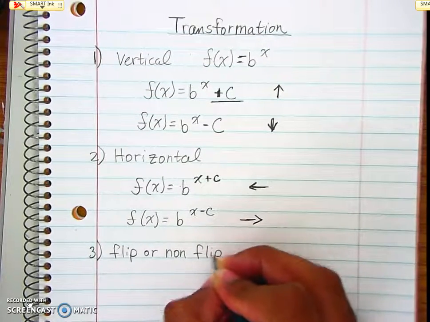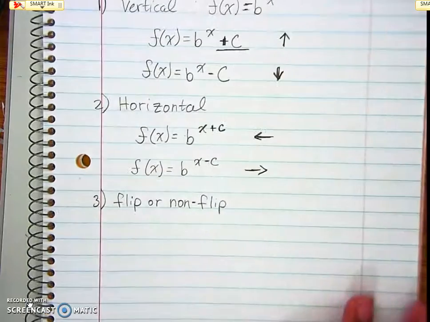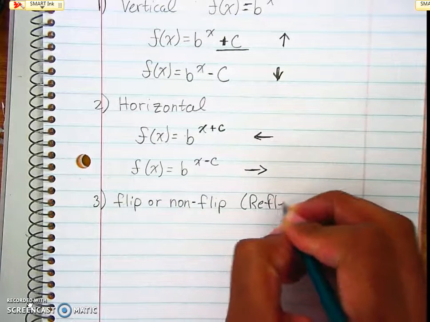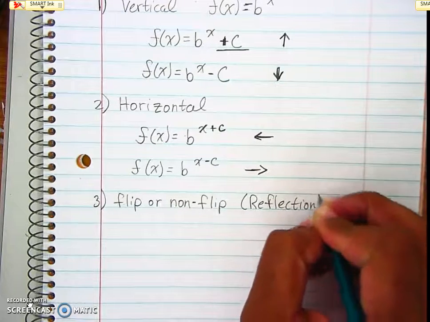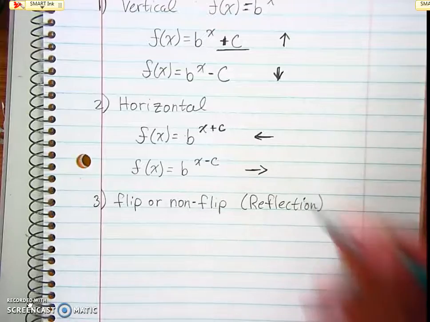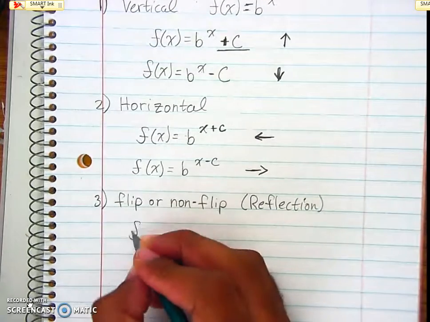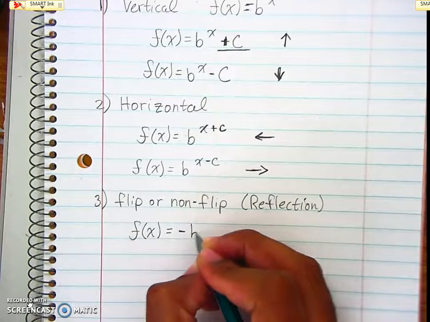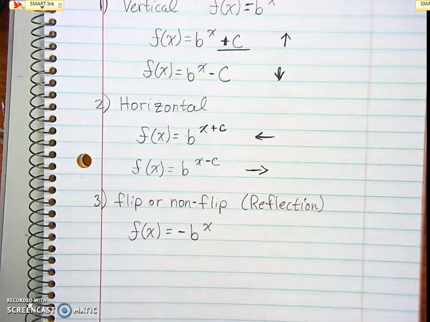So here we're going to have a flip or a non-flip. And in my original notes, I had the word reflection here. So if you see my original notes and you see reflection, it means the same thing. All right, and here, I'm only going to show you just one, as there's another flip that happens too, but I'm not going to show you that.